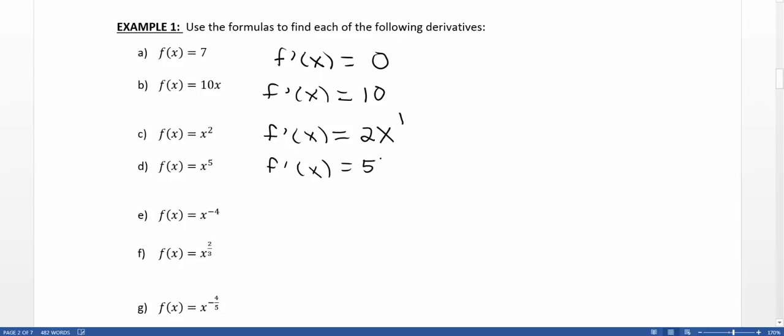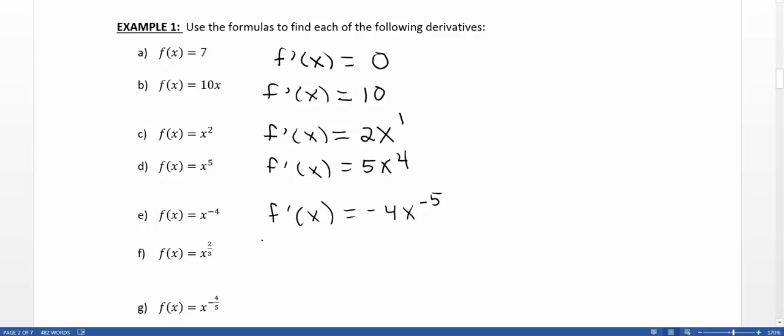So the 5 comes down and I subtract 1 from the power, 5x to the 4th. For part E, I have to be extra careful here because my power is negative. So I get negative 4x to the negative 5. So if you have a negative 4 and you subtract 1 from the power, you get more negative. So you get negative 5.